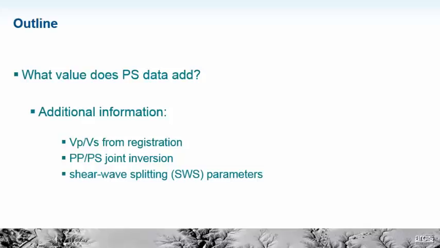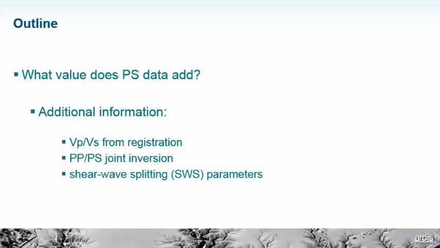You first register it to the P-wave data, and you come up with, as a result of that, a set of VPVS functions, which are implied by that registration process. That can be quite a detailed process, involves time to well logs, etc. But Satinder and this group are happy to do that type of process.